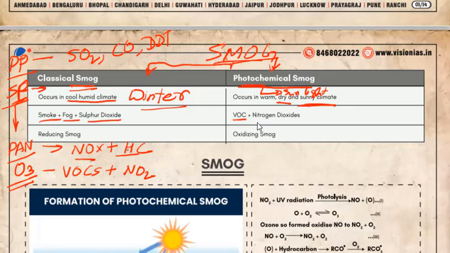VOC, volatile organic compounds, and nitrogen dioxide form O3, that is ozone. It means ozone formation in the troposphere, which is considered the bad ozone, can only form in presence of sunlight.